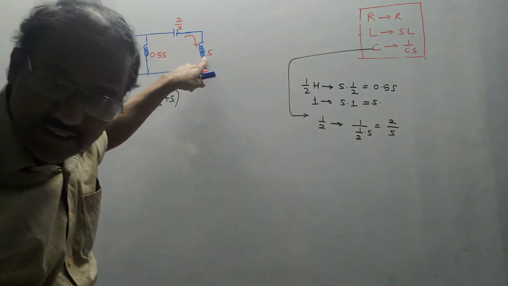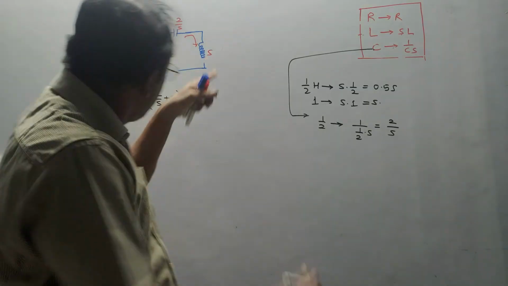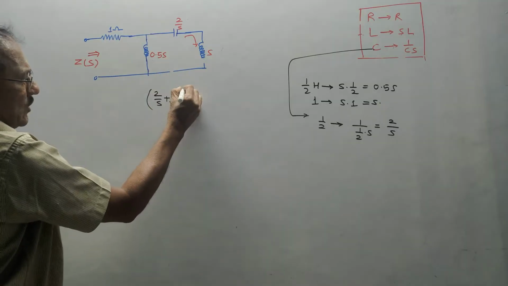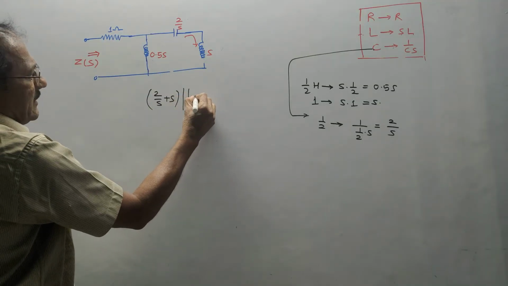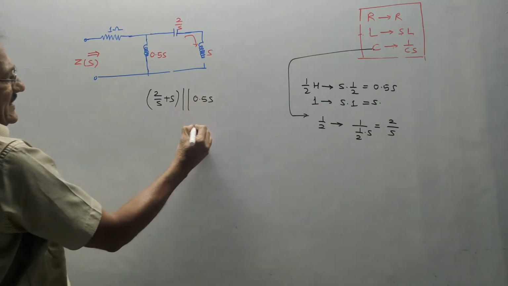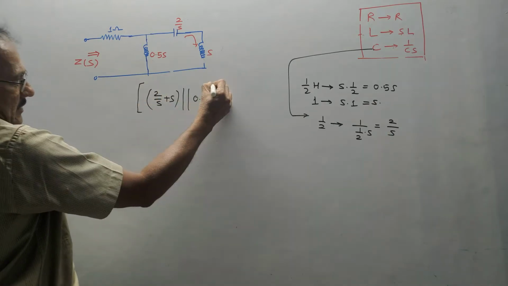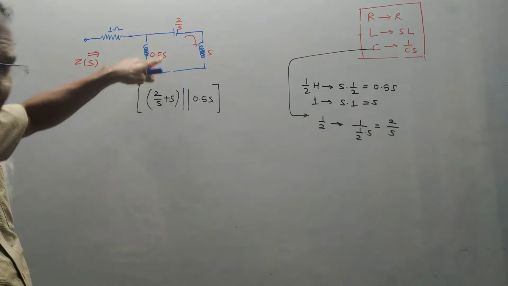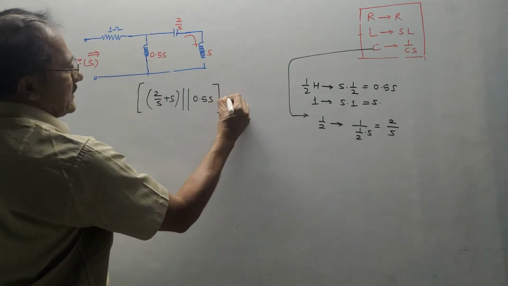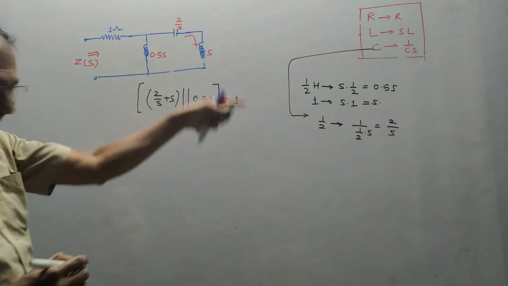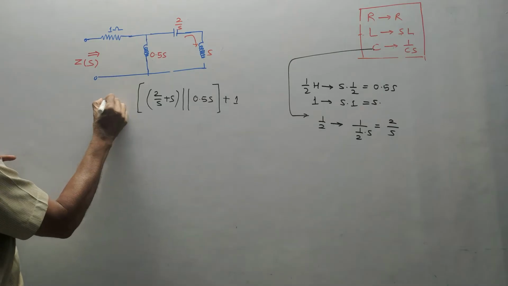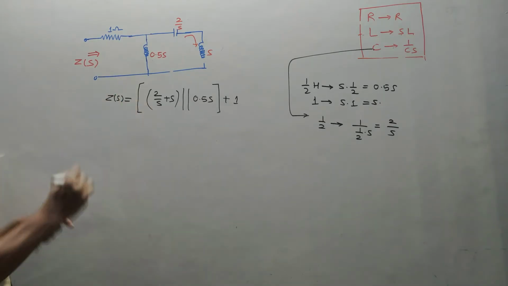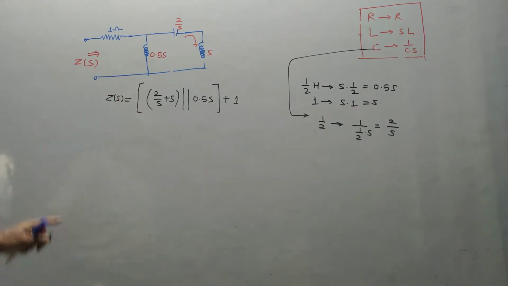Since I have taken this in series and it is a ladder network, next combination is in parallel, so I will mark the sign like this, in parallel with 0.5s. I will write one more bracket for this term. Now I have taken this in parallel, so next will be in series, so it is plus 1. This entire thing is denoted by Z of S, which is driving point impedance.